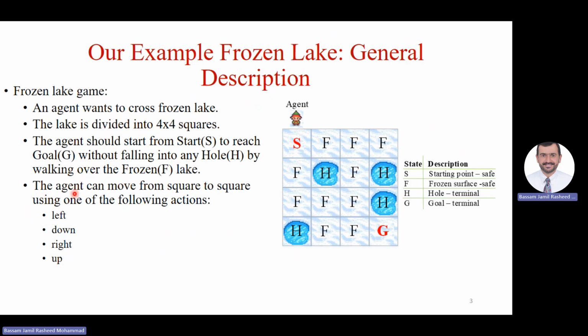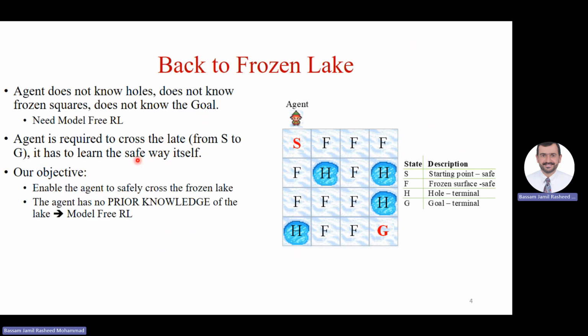The agent can make one of four moves: up, down, right and left, at any square. Also, the agent doesn't know the holes, as we stated, and doesn't know where the frozen squares are, or where the goal is.